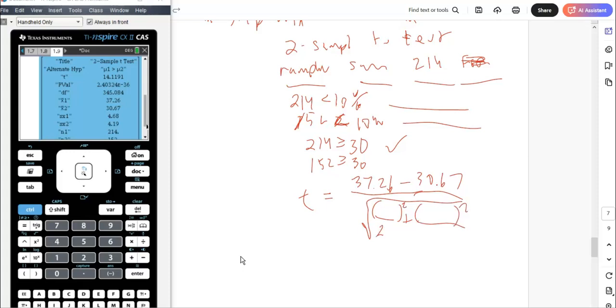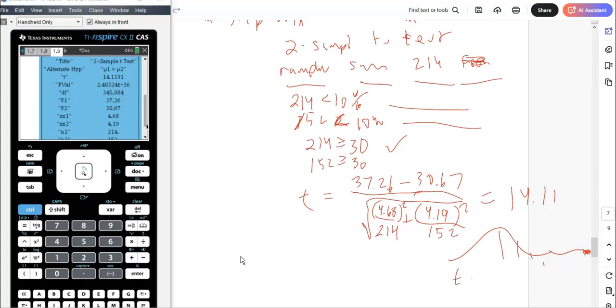This is over 214, this is over 152, 4.68 squared, and 4.19 squared. So t is 14.11. Oh my goodness, this is going to be a small p-value. I mean, how are you going to graph that? Like 0, 1, 2, 3, like way out here, there's a tiny little area.